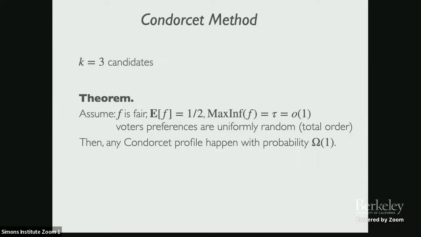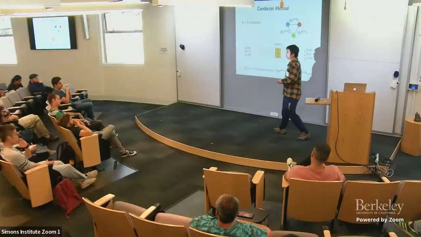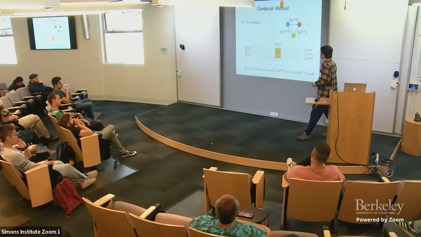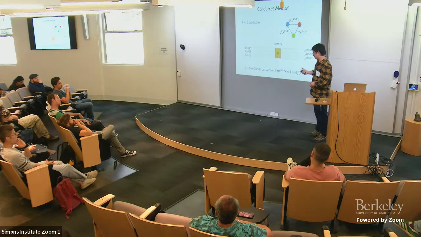When you say any Condorcet profile, you mean... No, I mean I give you this directed graph, and you can put any direction on these edges. The Condorcet profile is just the irrational ways, where there would be 8 options. Yeah, it's not the 6. Oh, the 6 legal ones. Yeah, 6 are the legal ones. Yes.